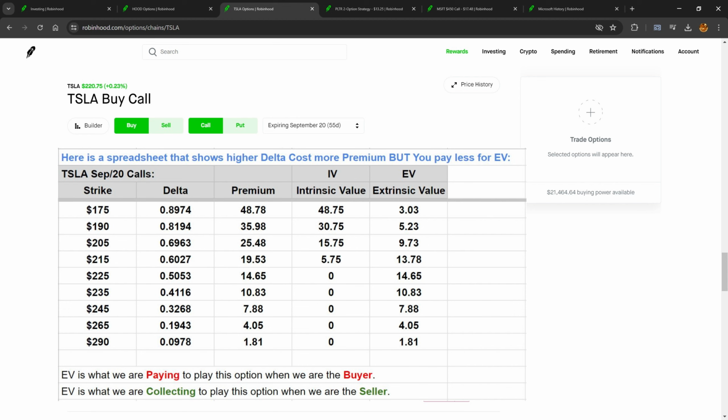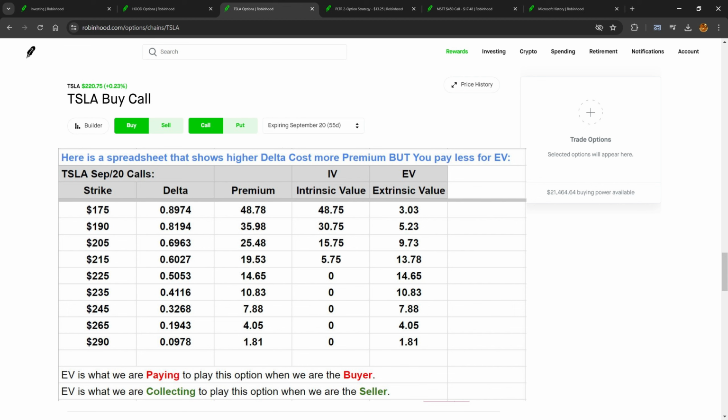And that's why we want to make it as small as possible. So in a lot of cases, when we buy in the money, we'll focus on the delta and we'll try to get 80 to 90 delta, meaning we are buying deep into the money, which will reduce the extrinsic value to a very small amount, compared to if we bought a 60 or 50 delta.